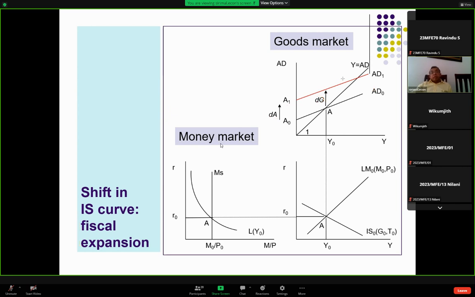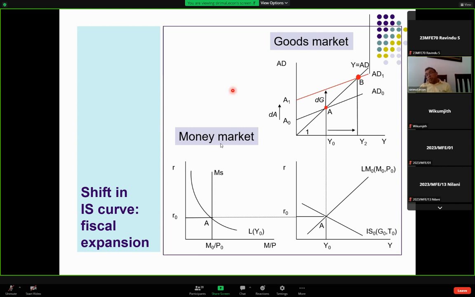And what happens next? You need to have a new equilibrium point. Now, where is the new equilibrium point? Earlier it was here. Now it is here. How this movement takes place to this point, we have discussed already. So we mark that point like this.